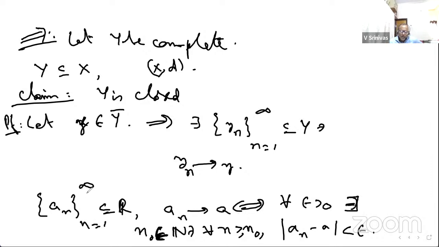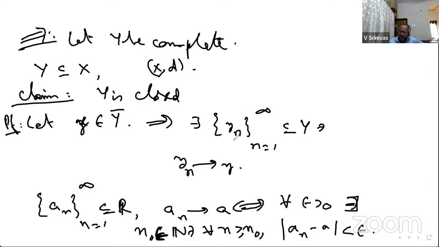To define a sequence yn in a metric space Y converging to y, we have to replace this absolute value metric by the general metric D. We have to go for D of yn comma y is less than epsilon. That's what you have to generalize. That's how you define the convergence of a sequence of points in a metric space.